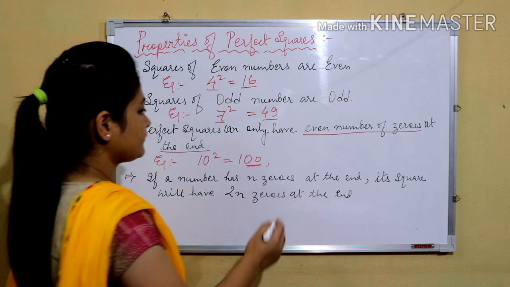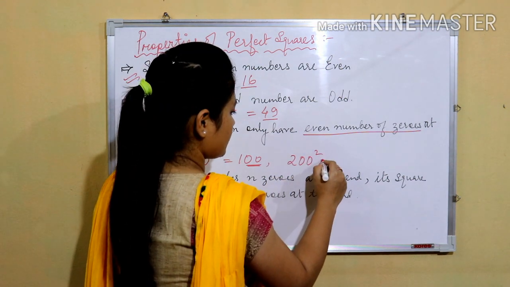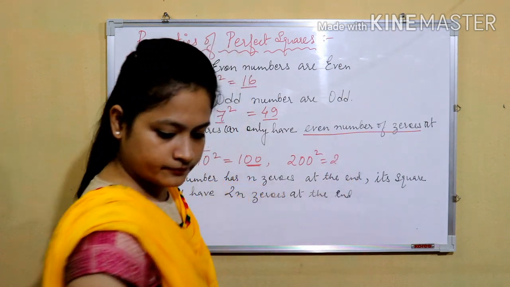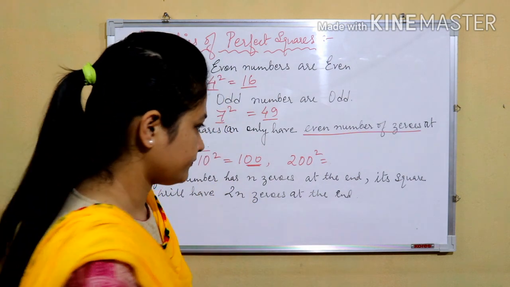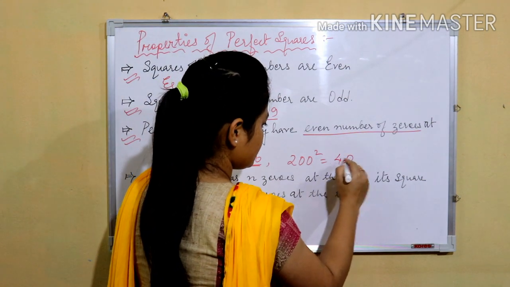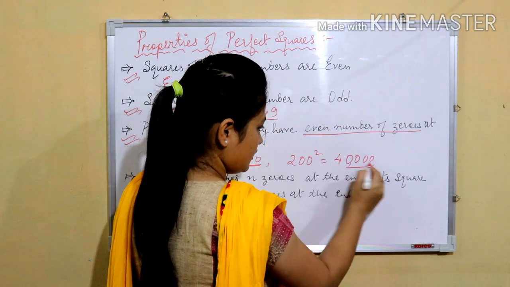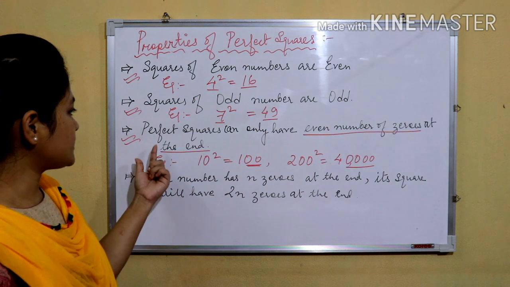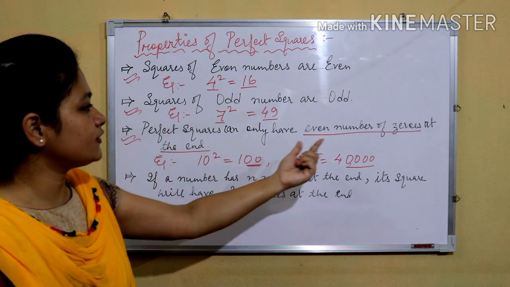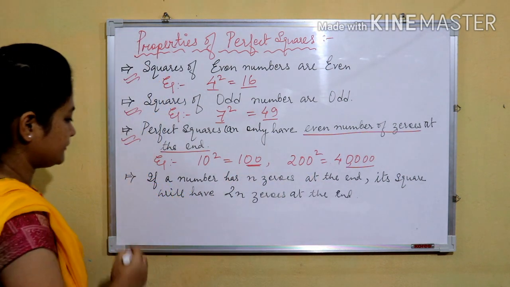If I find 200 square, I'll get 40,000. That means there are 4 zeros. So the perfect square can only have an even number of zeros at the end.